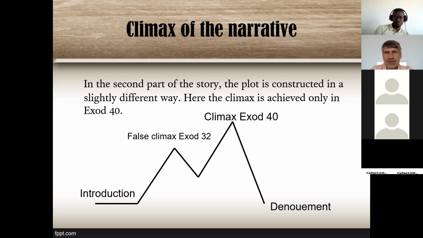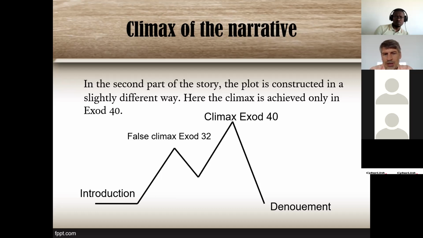Now we have a rising action, and we have a false climax here, because what is supposed to be a climax, when Moses went up to the mountain to get the tablets of the law, instead became a false climax, because now we can see that the narrative goes back, and there is no climax in the first part of the story.